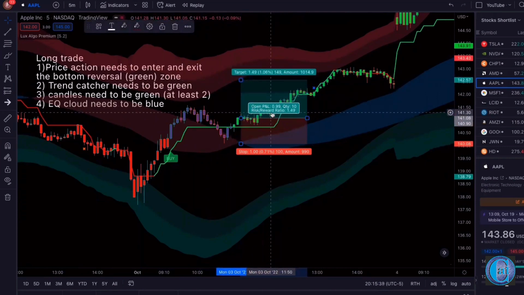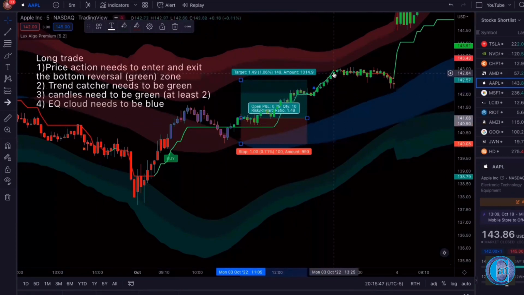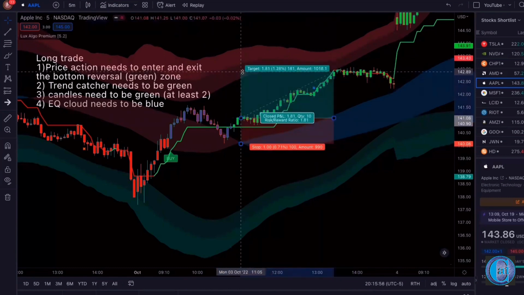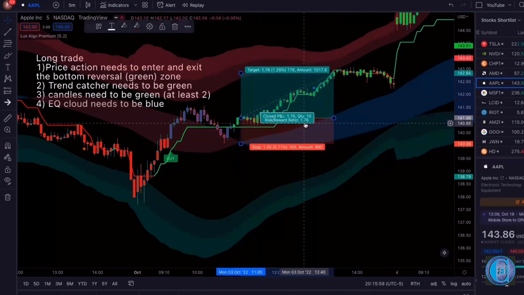For the profit taking on this one, what I did was you hang on to the trade until the trend catcher is green. When it turns red, that's when you get out. So over here, this is where you would get out, when the trend catcher turns red. And that is a 1 to 1.76 risk to reward ratio.